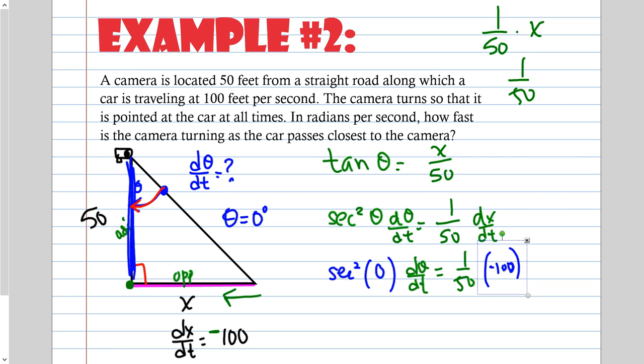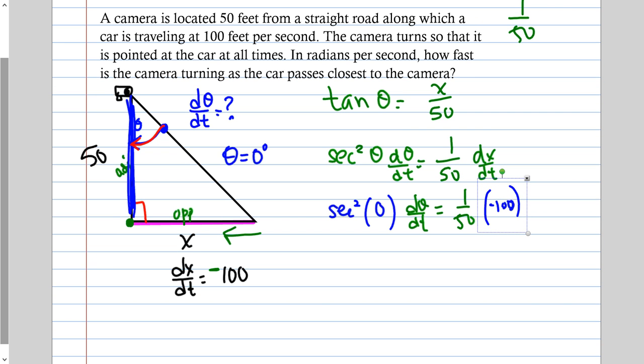Okay, so let's simplify. 1/50th times negative 100 is negative 100 divided by 50, which is negative 2. Now, the secant squared theta, I could divide that to the other side.